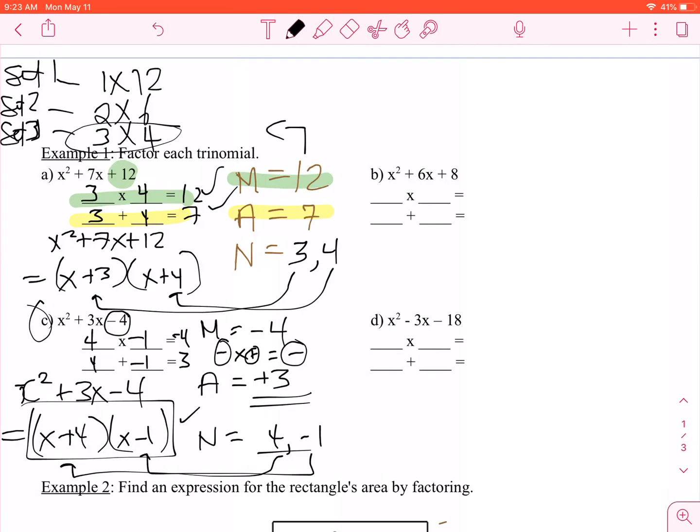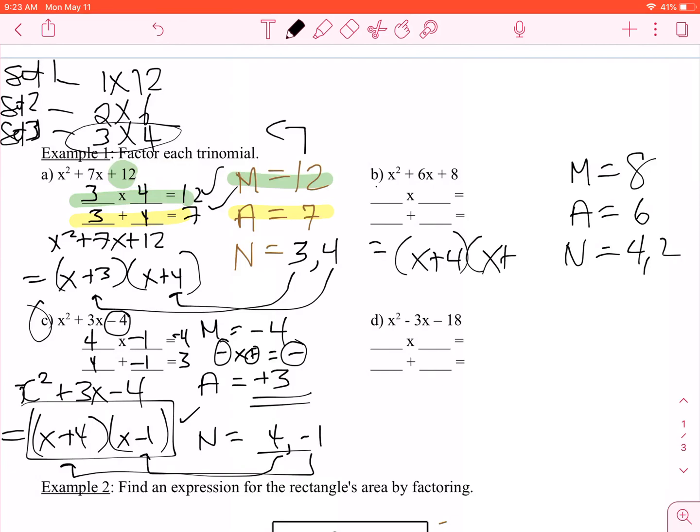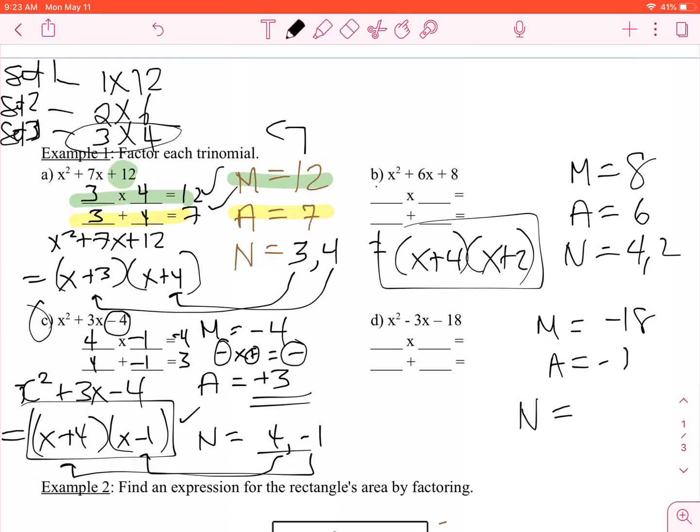I'll just quickly do the ones on the side, B and D. I won't go into great lengths of explaining it, but if you have your times tables ready, it should be fairly straightforward. Okay, so this means that this would be x plus 4, x plus 2. Okay, multiplies to negative 18 and adds to negative 3.